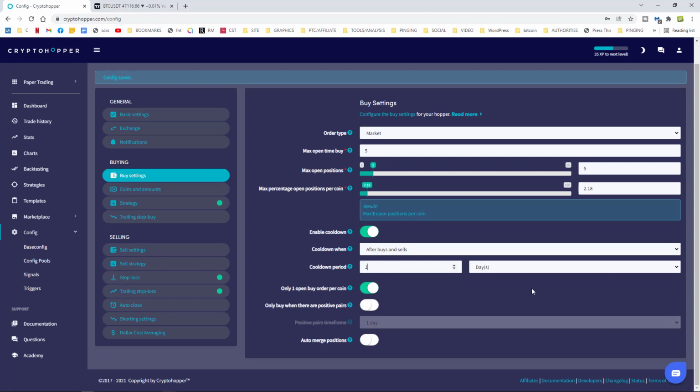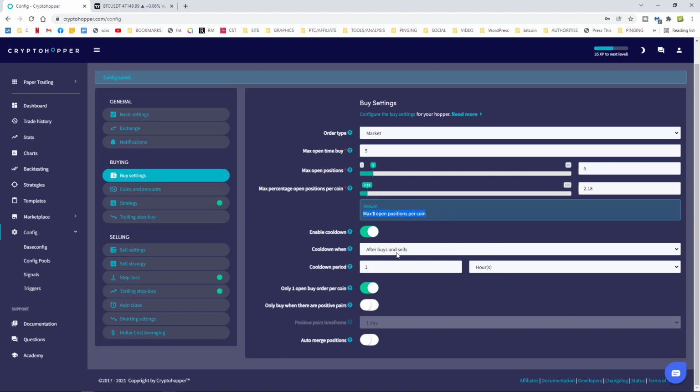I'm going to set this for 1 hour. It doesn't mean you should. Alright, so that's after buys and sells. So it's not going to buy Bitcoin right now, and then an hour from now maybe it will buy another, because we've only got max open positions, 1 per coin.